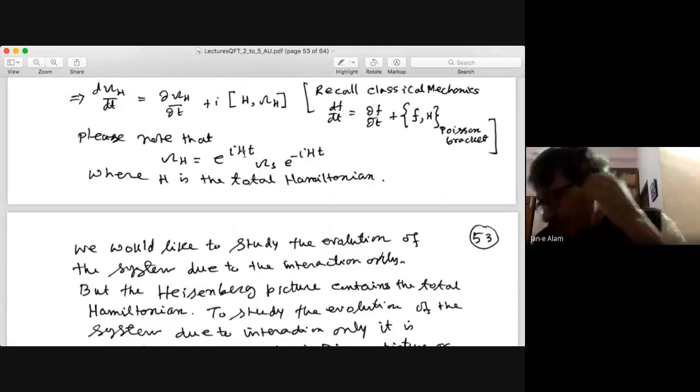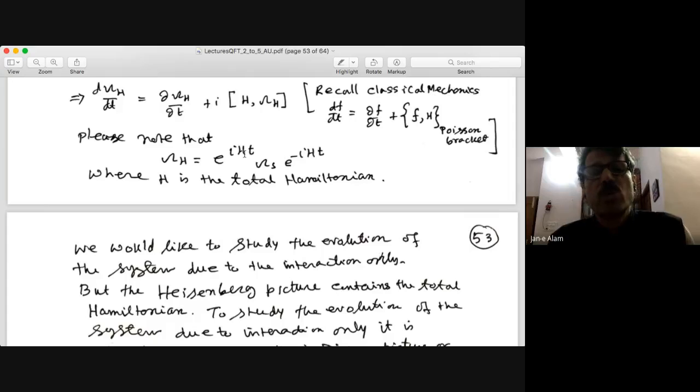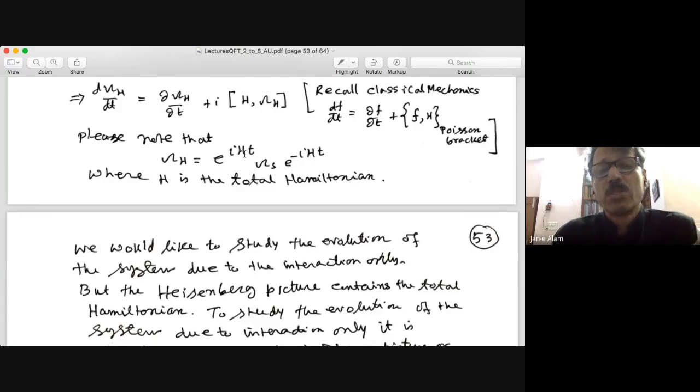So suppose you are doing some experiment, let us say in high energy physics, where two particles collide. You have particles coming from some source, maybe from an accelerator, and then you have a target which they will hit.